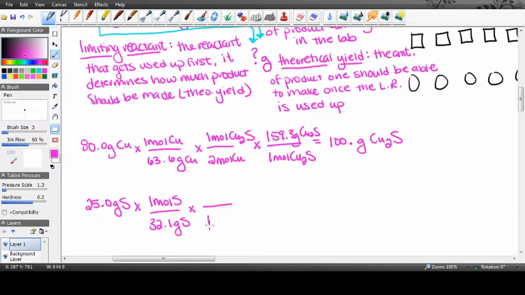Now this was a 1-to-1 mole ratio. 1 mole of sulfur can produce 1 mole of the copper sulfide product, and then the molar mass again. All right, let's multiply that out and divide. So 25 times the 159.3 divided by the 32.1, 124 grams of product.